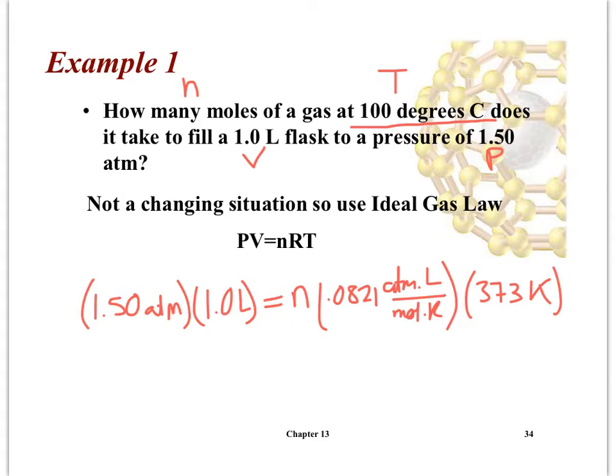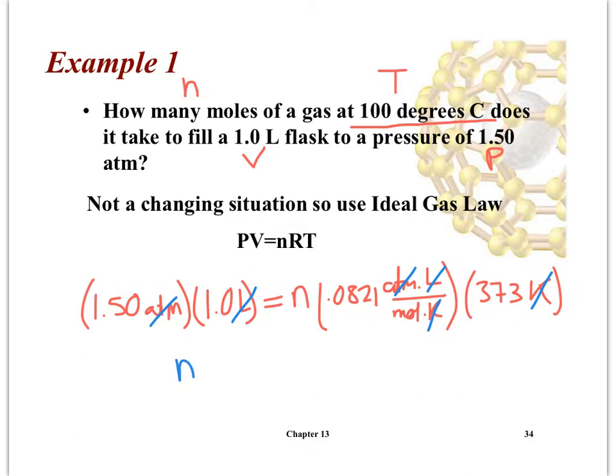So in this case, I will take my PV over the RT to solve for N. And so if you look at it, the ATM will cancel with the ATM, the liters will cancel with the liters, the Kelvin will cancel with the Kelvin, and it will be equal to some number, and then the units would be moles.